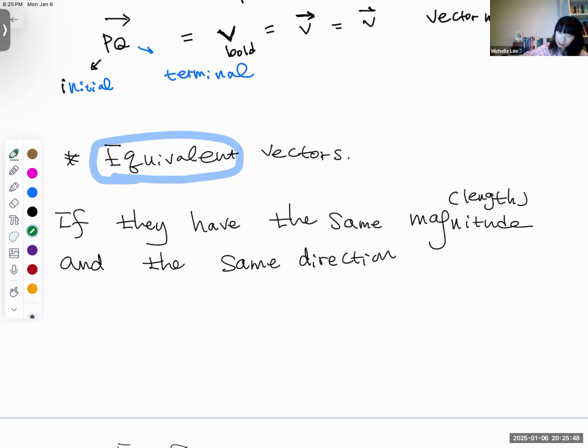So it can be same direction, same length, right? Yeah, they are equivalent vectors. This one looks a little bit longer, so let me delete a little bit. Yeah, so they are equivalent vectors.